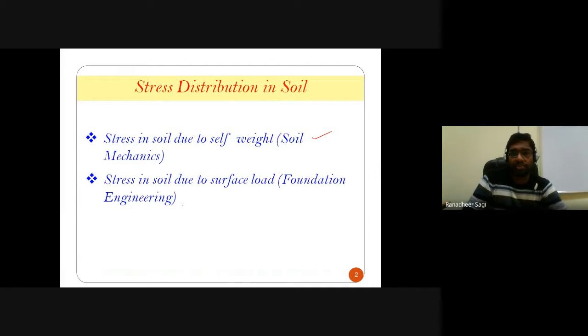Subsequently, in this particular course, what we'll be focusing on is how we calculate the stresses getting developed in the soil due to your surface load. Surface load is nothing but the external load coming from your superstructure or any other force in the form of surcharge, or whatever load is directly acting on the surface of the ground or the surface of your soil strata.